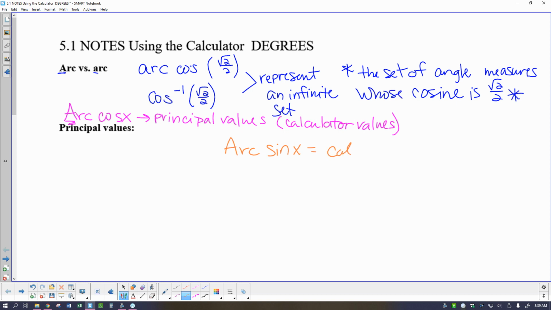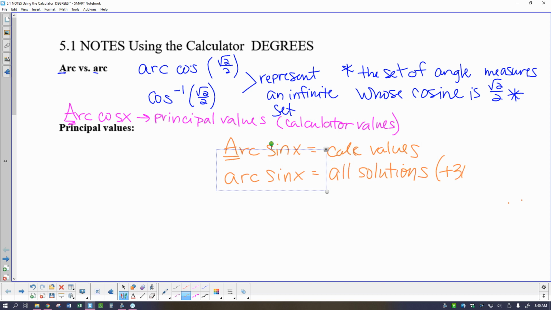That's our calculator values, whatever the calculator yields. Keep in mind that's the capital. And then our arc sine is all solutions. And you kind of remember this, that k, where k is an element of integers. So that's really all solutions. And we've worked with that last chapter.